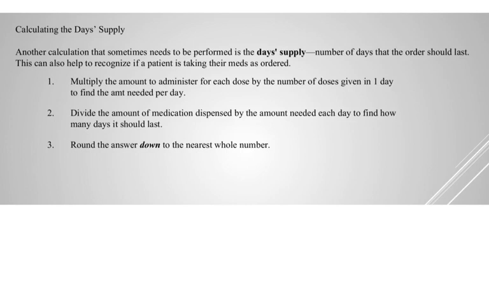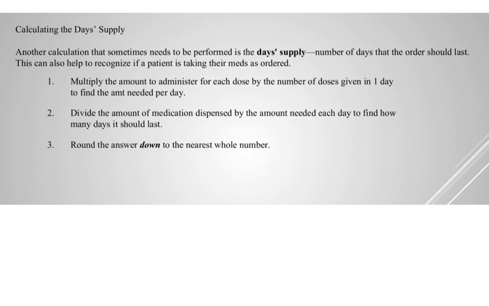So for this one, you want to calculate the day's supply. Okay, so what this means is you want to know how many days your medication is going to last you. Okay, so it says the number of days that the order should last. This can also help to recognize if a patient is taking their meds as ordered, such as, you're caring for someone and you want to make sure they're taking the right amount of medication every day.